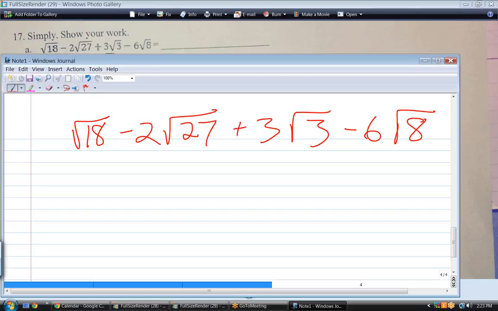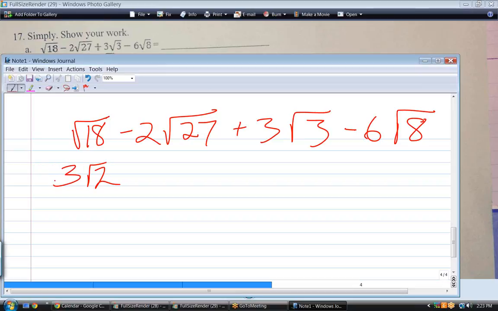Yeah. You could do 6 and 3. Problem with 6 and 3 is that they don't turn into whole numbers. You could do 2 and 9. There you go. So this is root 9 times root 2. We'll start there. And then we're going to turn that into 3 root 2.